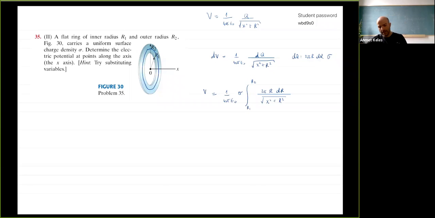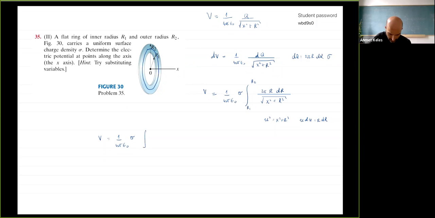Something like that. And the trick was u squared is equal to x squared plus r squared, and u du was equal to r dr. And if you do this, V is equal to, copy, paste, and integral limits.